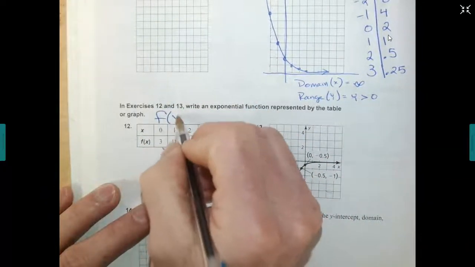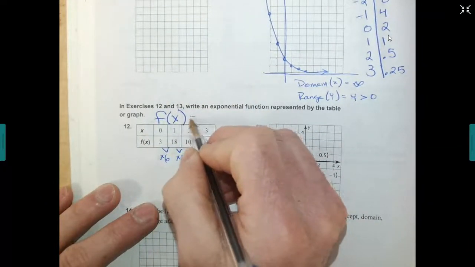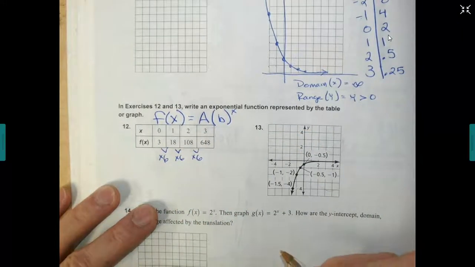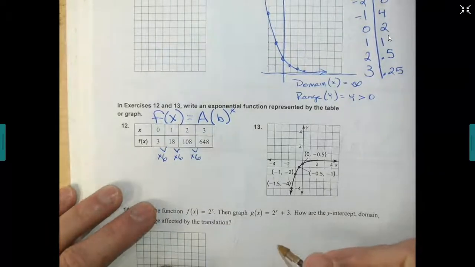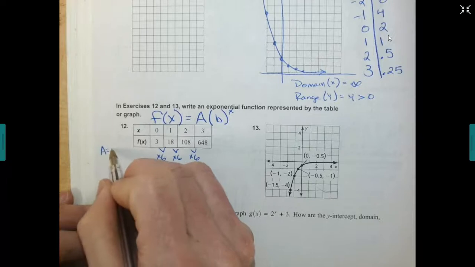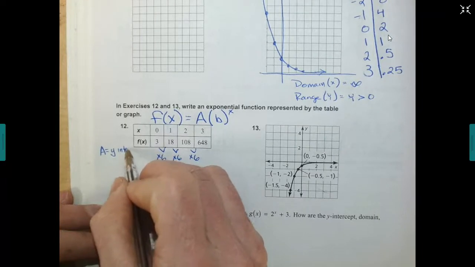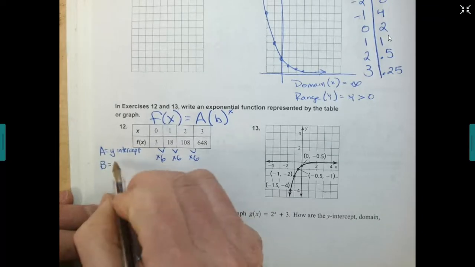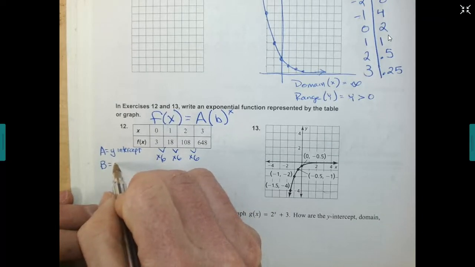So what we have is, write this down: f of x equals a times b to the exponent x. And a equals our y-intercept, and b equals our rate of change.